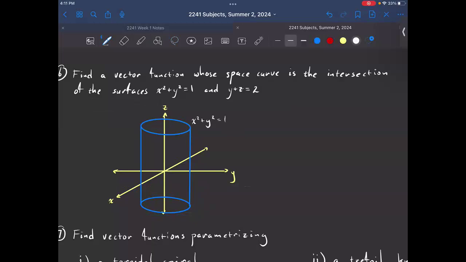And then we have the plane y plus z equals 2. Okay, well, if we think of this as an equation in just the yz plane, I know it's a straight line, and I know that from our lines and planes section, this is going to be a plane. But there are a couple of ways to go about this.